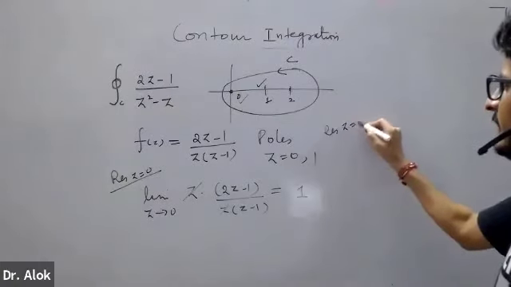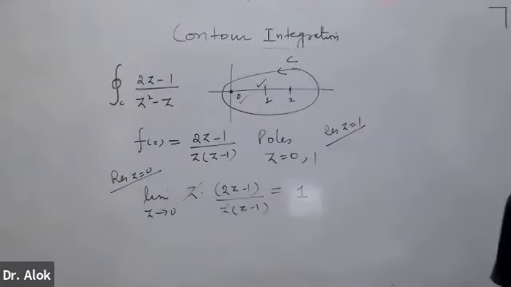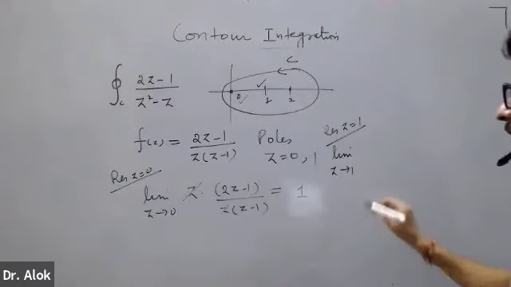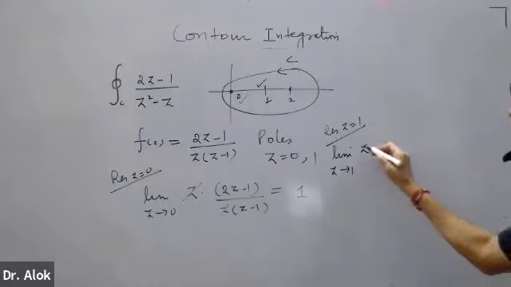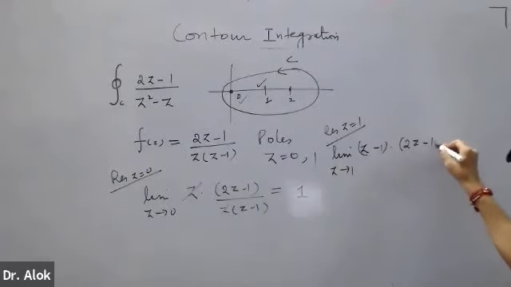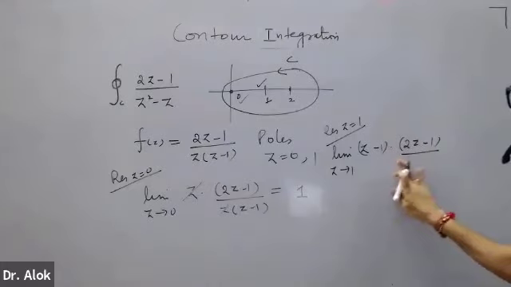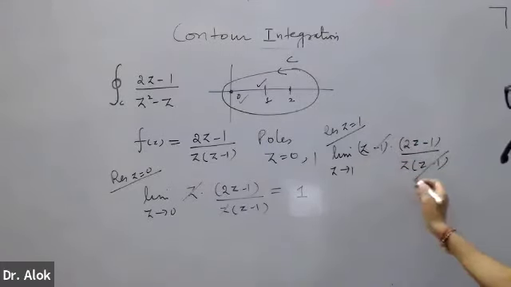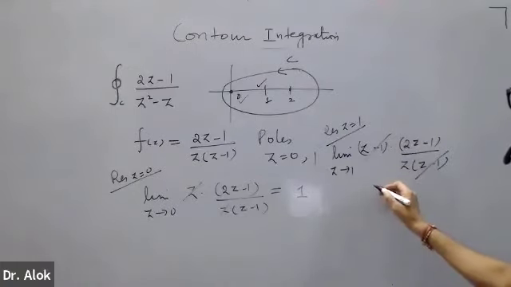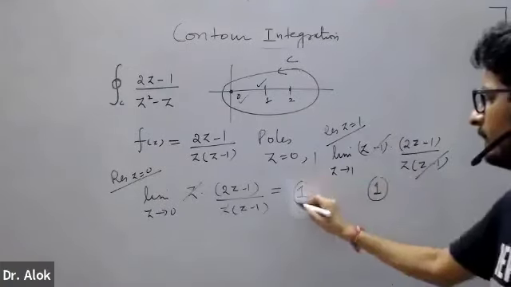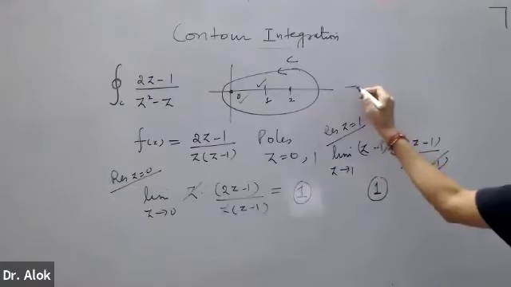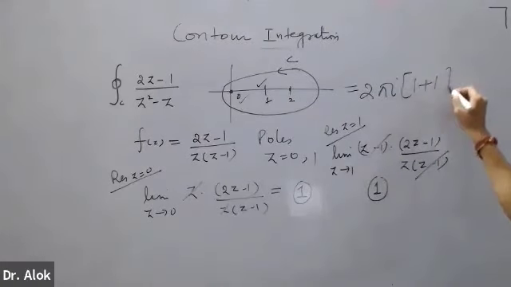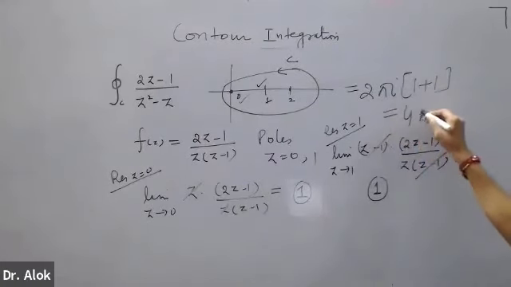Residue at z equal to 1 is limit z tending toward 1 of (z minus 1)(2z minus 1) over z(z minus 1), and if you put z equal to 1 it will become 1. Okay, so what is the answer? 2 pi i times the sum of residues, 2 pi i times (1 plus 1), so 4 pi i.